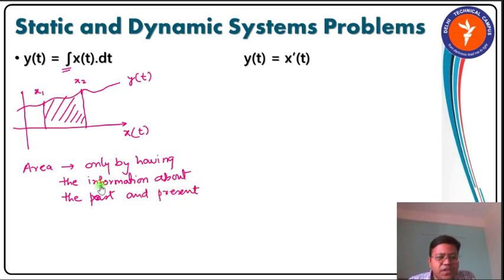So if I have the information about the past and present, I can calculate the area. So while integrating any function, I need to know the values in the past as well as in the present. So this means that this system should be a dynamic system.